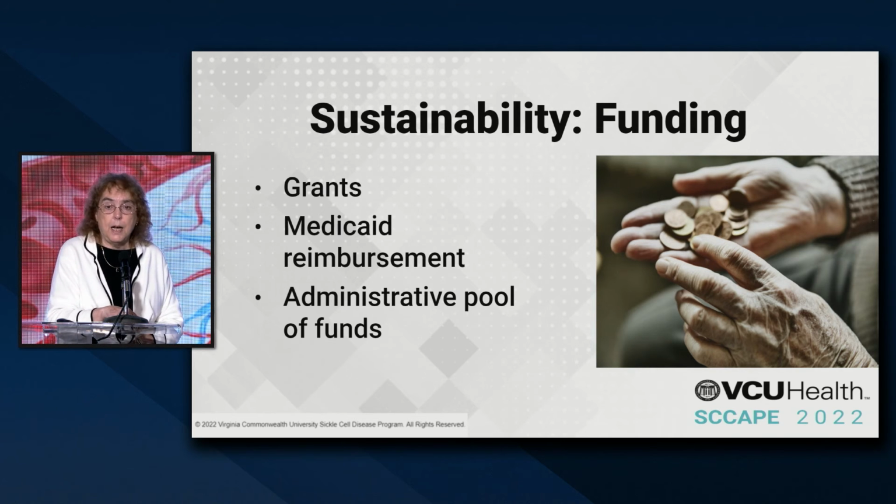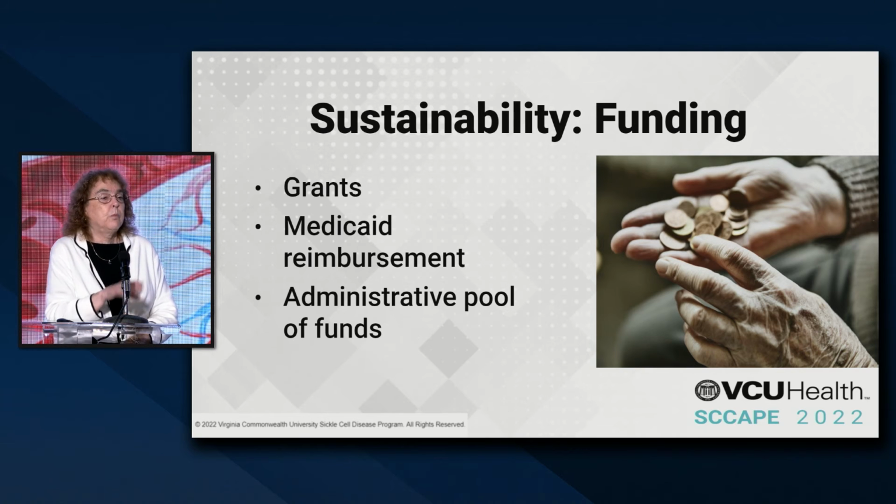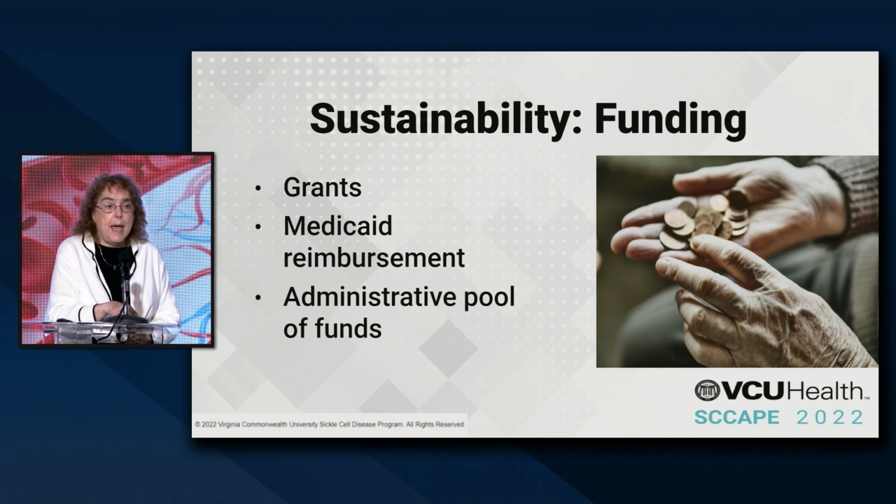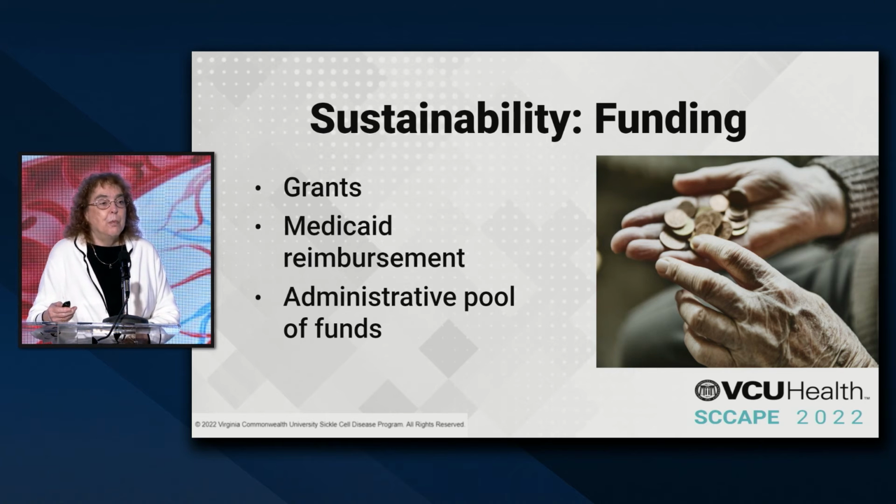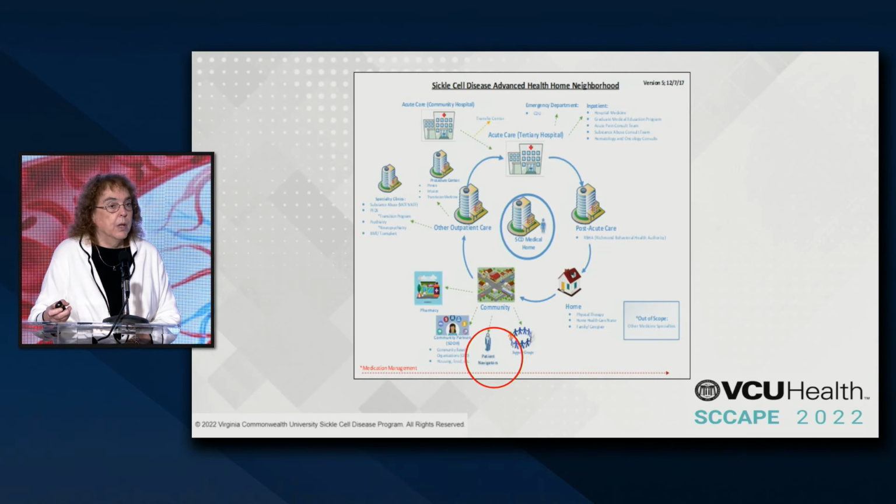And we can keep them out of the hospital for 30 days. Well, guess what? They pay those people through their administrative dollars within their institution. That's how some of these programs are getting funded. It's not a bad model. There's probably some pros and cons, but so far, that's what's happening across the country.